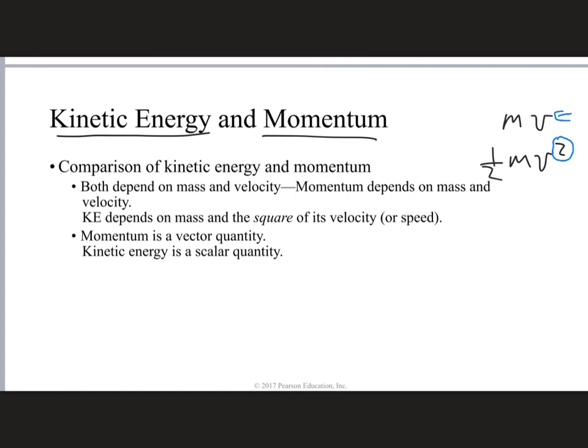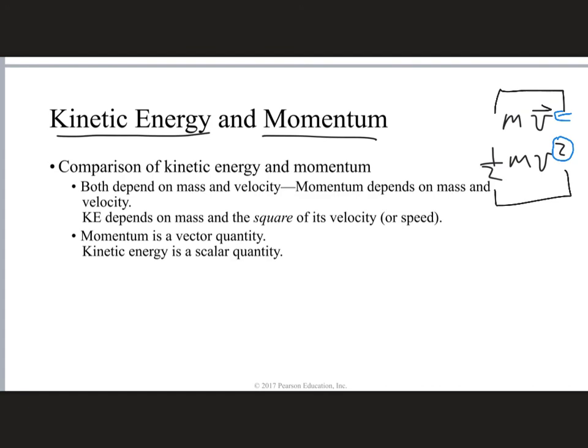And also, we can note that momentum is a vector quantity, so sometimes we'll write an arrow on top of the v to remind us that it's a vector, and that kinetic energy is what we call a scalar quantity. It's just a regular number. There's no direction. With momentum, the direction matters.